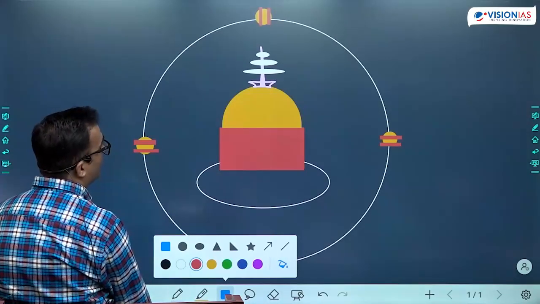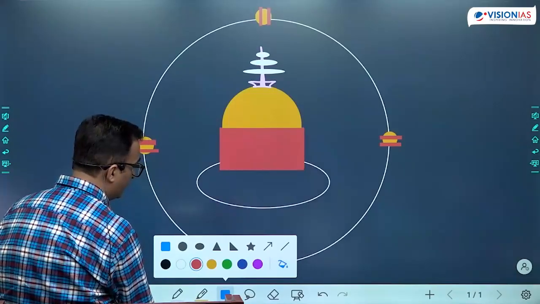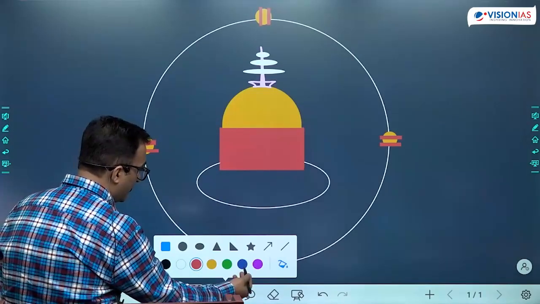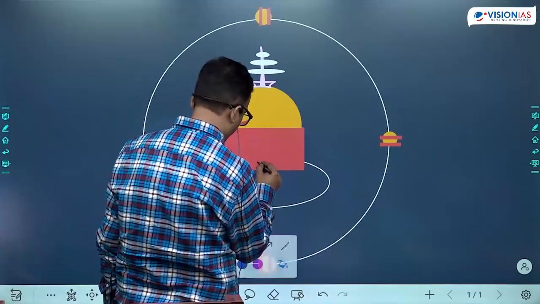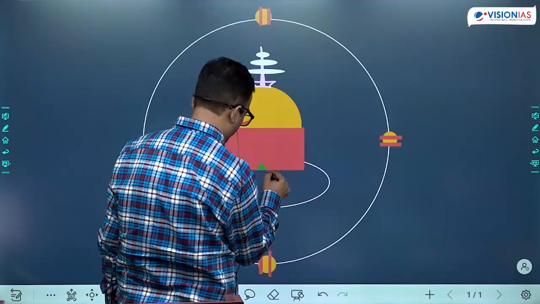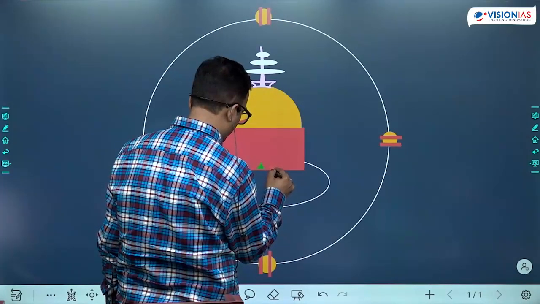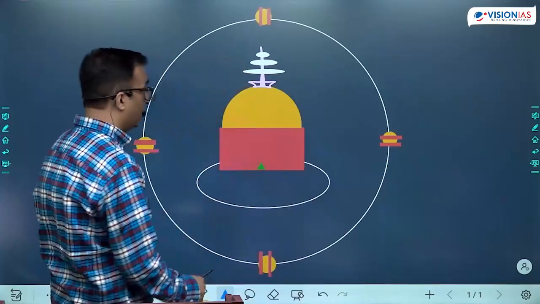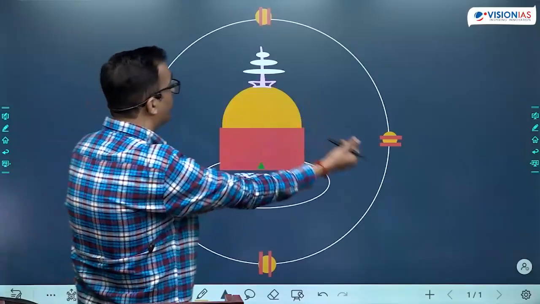So everything is complete. One last part, that is relics of the Buddha. So relics, chalo. That's it. So now mention the names.